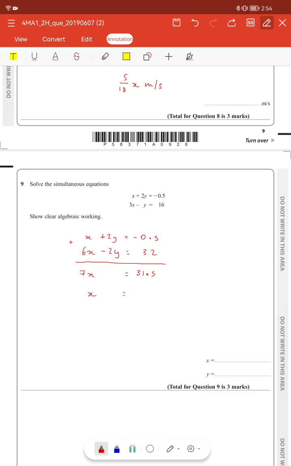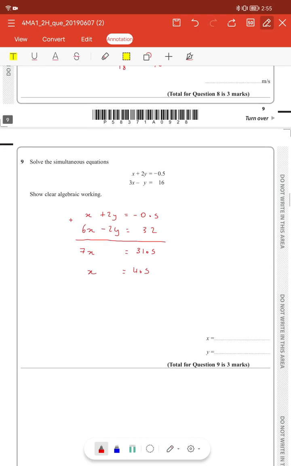So x would equal 31.5 divided by 7, which is 4.5. If x is 4.5, I can say 4.5 plus 2y is equal to minus 0.5. So 2y would equal minus 0.5 minus 4.5, which is minus 5, and y would equal minus 2.5.